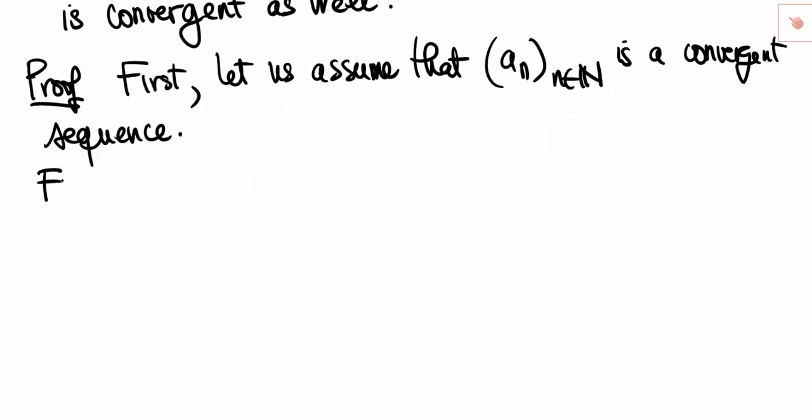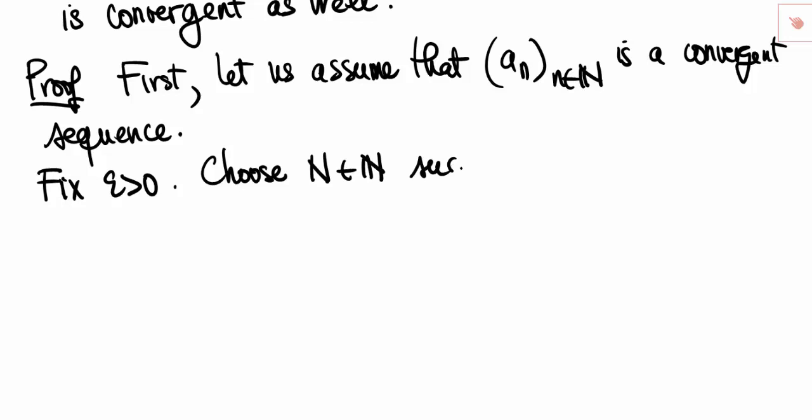Now fix a positive number epsilon, and choose N, which is a natural number, such that a_n is in the epsilon neighborhood of a.